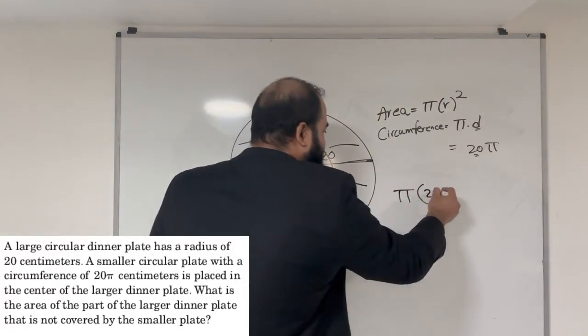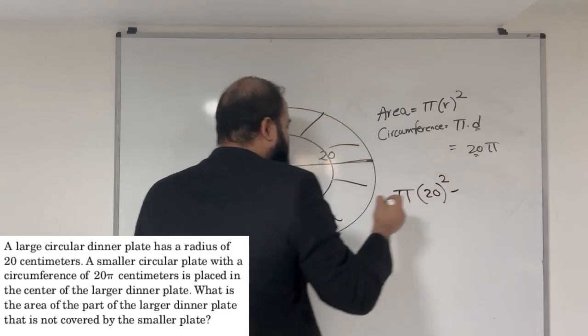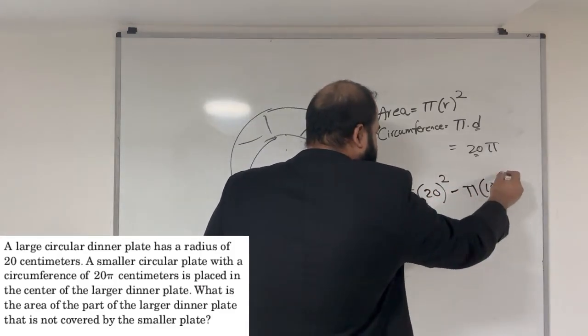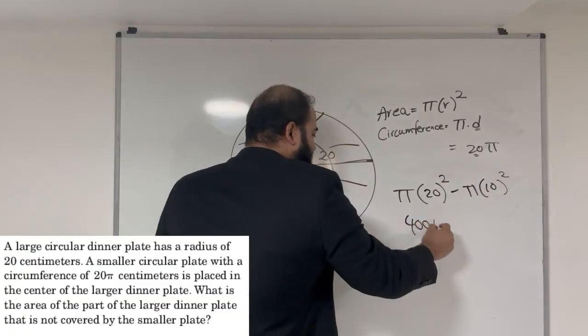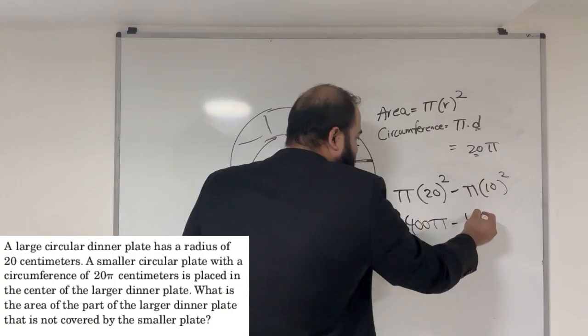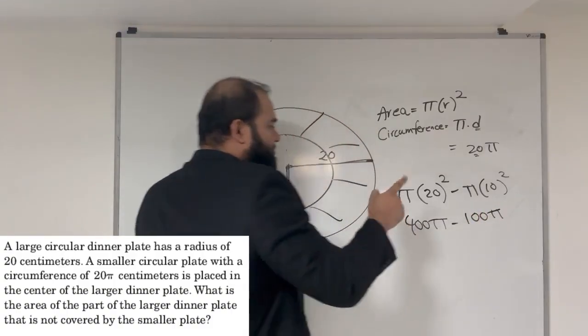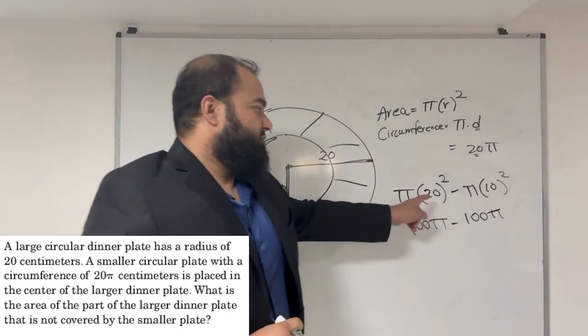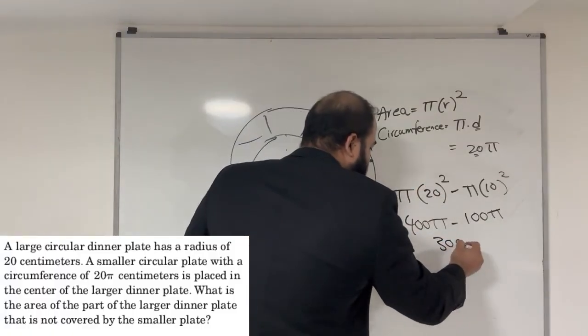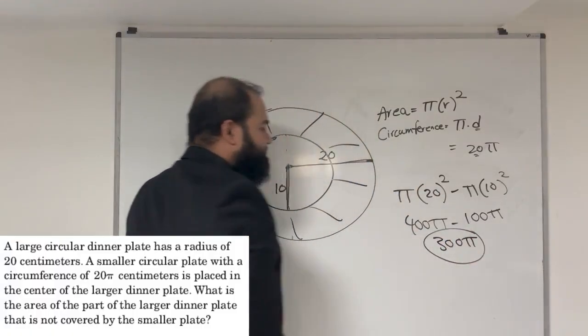The big circle is pi times 20 squared minus the baby circle, which is pi times 10 squared. So that's 400 pi. We're not going to touch the pi, we're just going to leave it as it is. Minus 100 pi. Square means you multiply it twice, like 20 times 20, 10 times 10. Like that. So this is 300 pi.